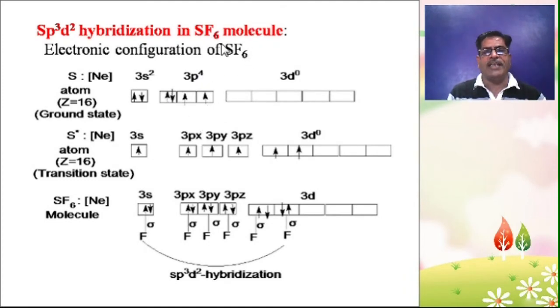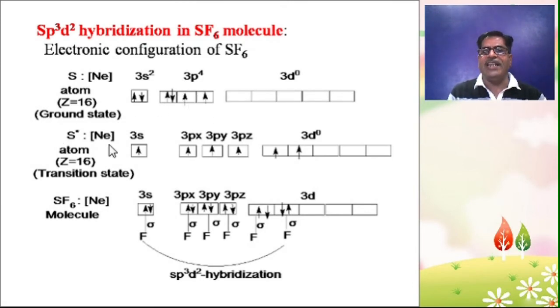But in SF6 there are 6 bond pairs of electrons, so 6 unpaired electrons must be available. In the ground state of sulfur there are only 2 unpaired electrons.